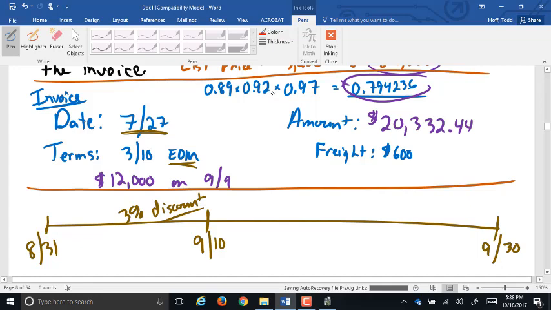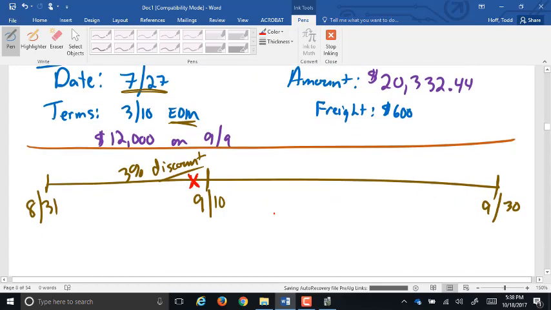So they have the payment made on 9/9, which is right here, which means they get a 3% discount. So what's the first thing I have to do with that $12,000 payment? I have to pay the freight. So 12,000 minus 600 is $11,400 after freight.